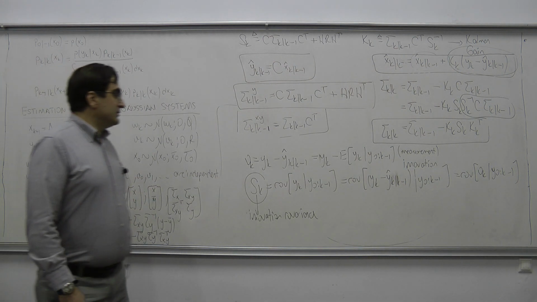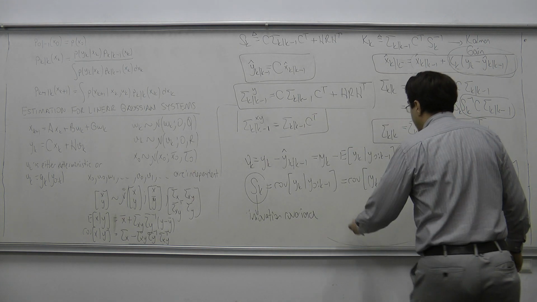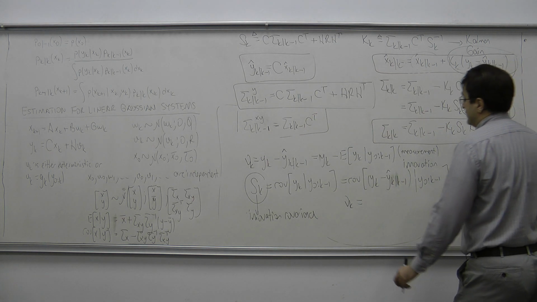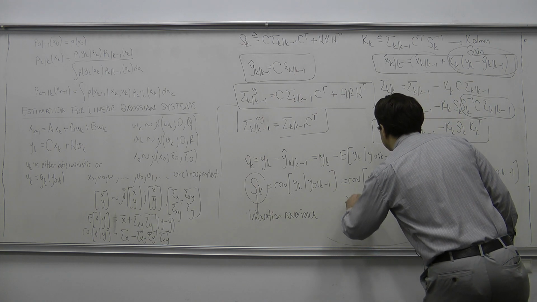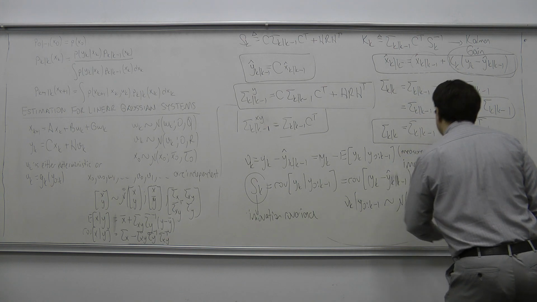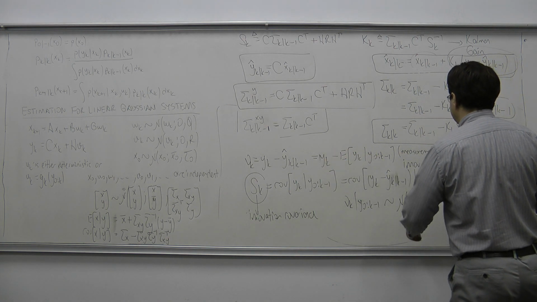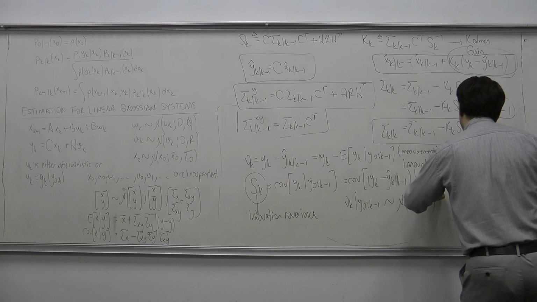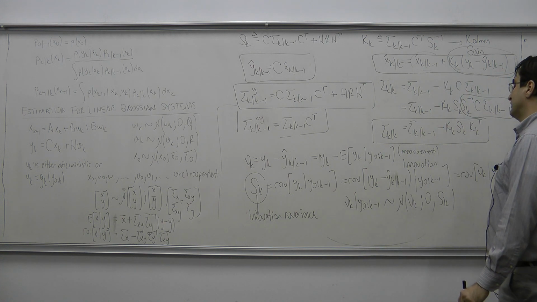So what does that mean? That means that this innovation nu k, given y0 to k minus 1, is distributed with zero mean, and the covariance Sk.